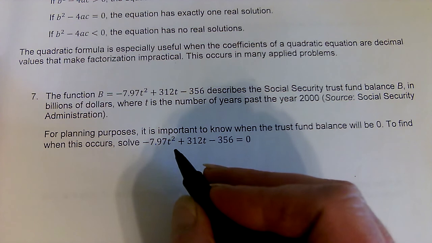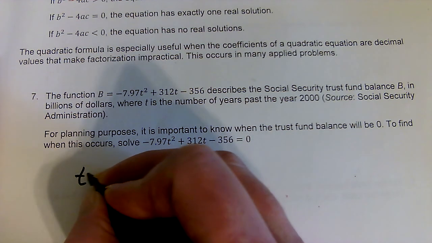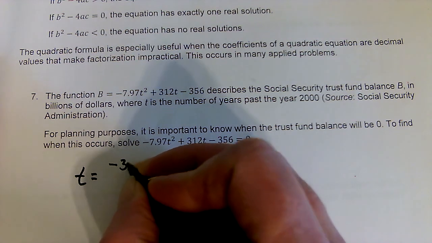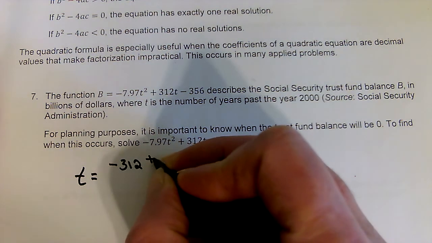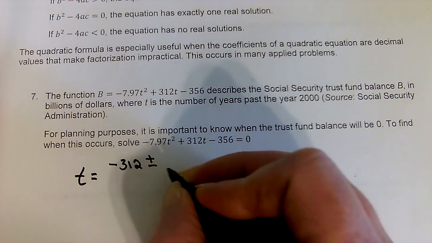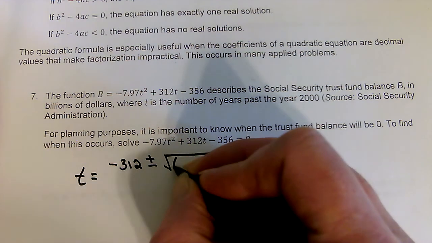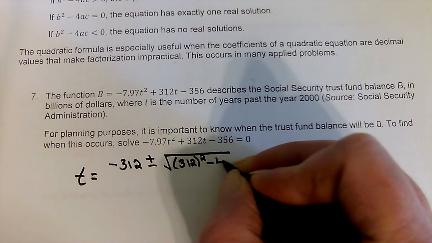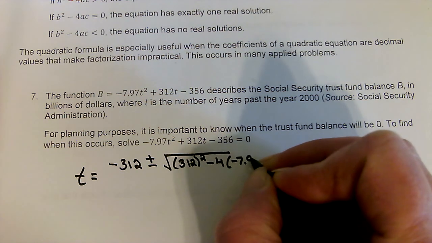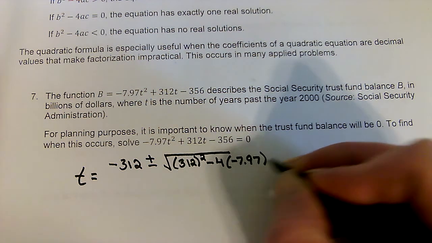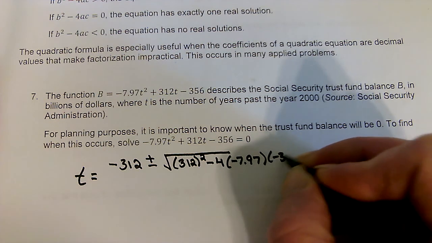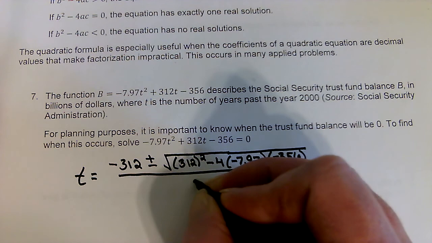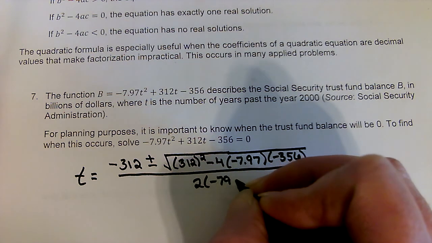So we'll talk about how we can use the calculator to solve this. So this is solving for t this time, not x. So this is t equals negative b, so negative 312, plus or minus the square root of b squared minus 4 times a times c all over 2 times a.